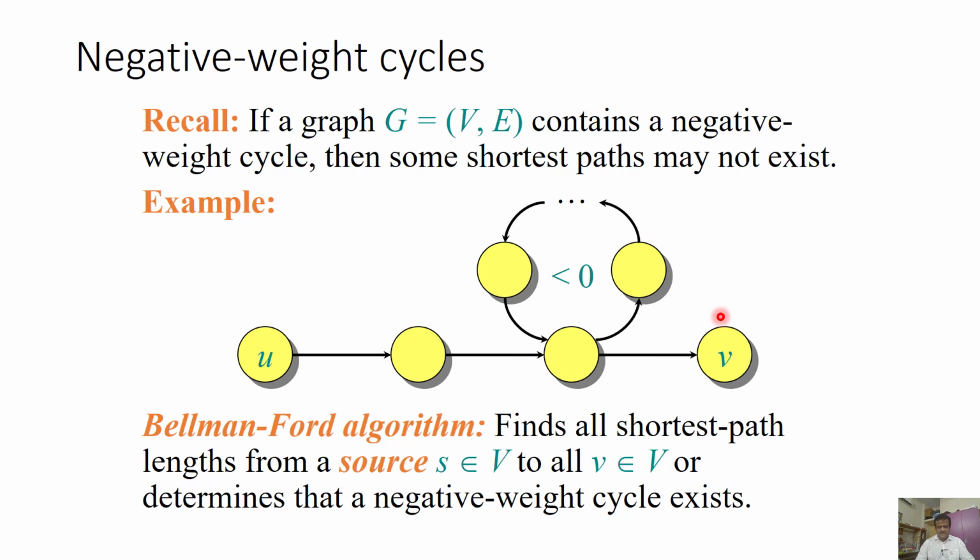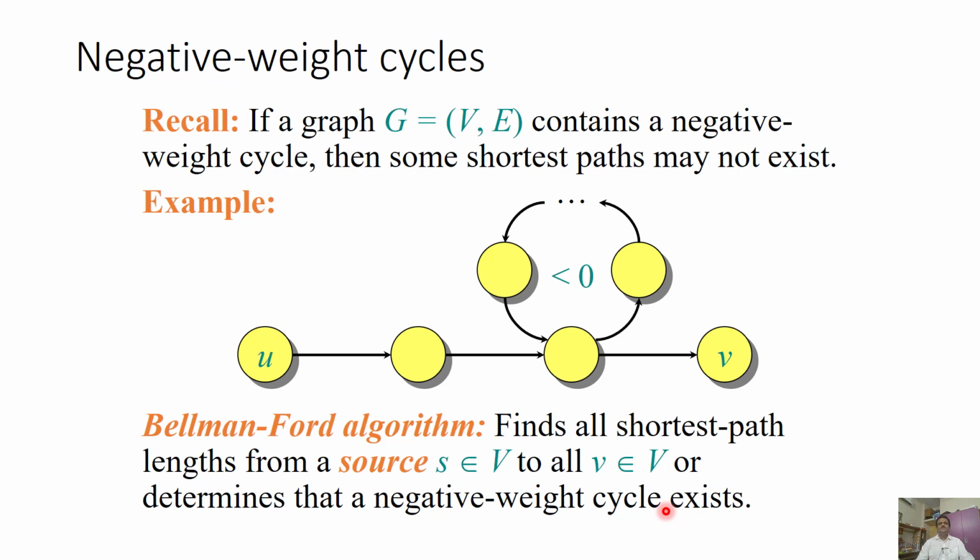So, we need an algorithm which can handle negative cycles, and we know if there is a negative cycle in the path, there will not be any shortest path from u to v because we can hop there as many times as we want. So, that will never converge. So, the Bellman-Ford algorithm will find all shortest paths from S to the vertices, or it will report that there is a negative cycle in the path. So, that is a little more general algorithm than Dijkstra's.